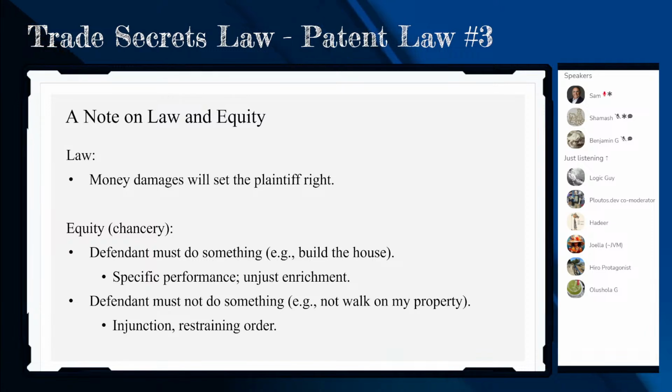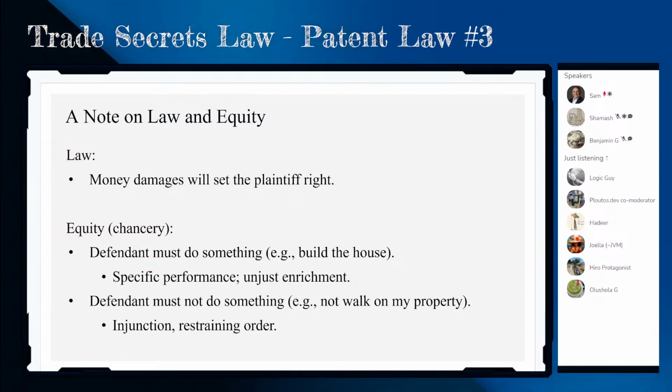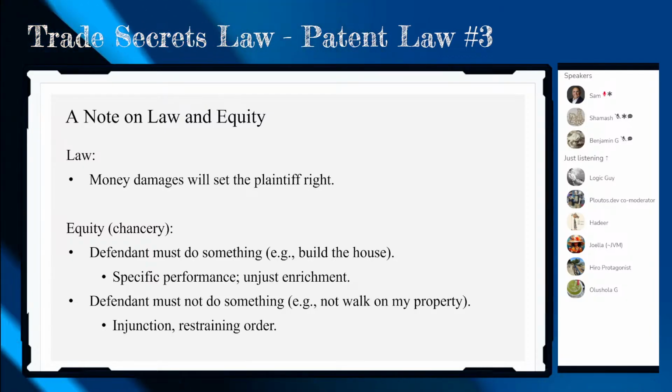And you would say, I appeal to the justice of the court. I'm being wronged here. Make me right. So this, as I said, requires either specific performance or payment for unjust enrichment, or an injunction or a restraining order. All of these are equitable remedies for the plaintiff.